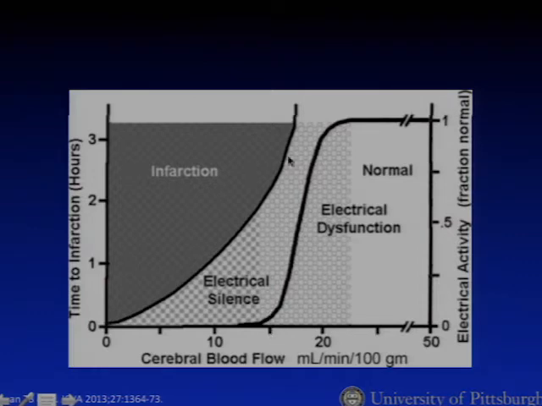Before that point, we actually cross the infarction threshold. So at exposures of a couple or 3 hours, and at progressively shorter periods of time with further reductions in cerebral blood flow, the damage is irreversible.